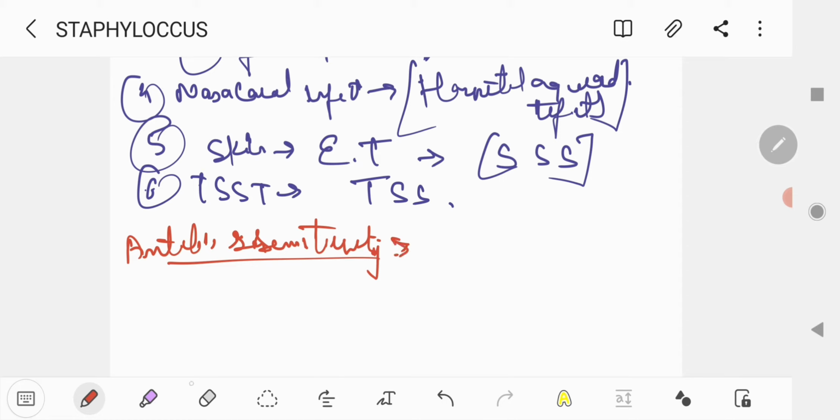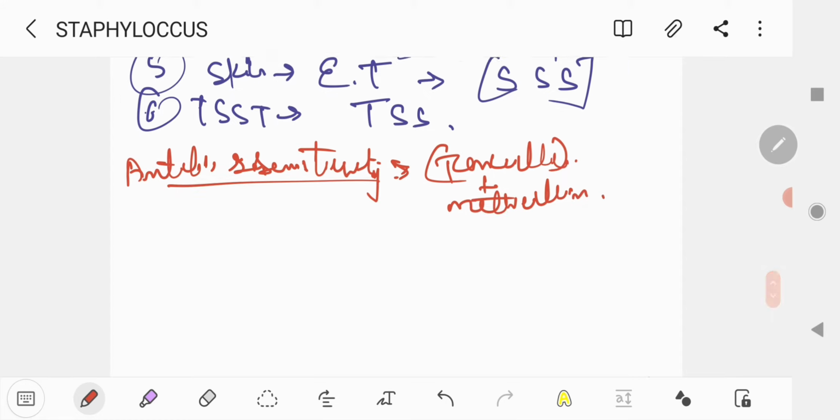If you give the patient penicillin, it will show resistance. Nowadays in most, about 90% of cases, the organism is resistant to penicillin. If this is resistant, then along with penicillin we have to give methicillin.